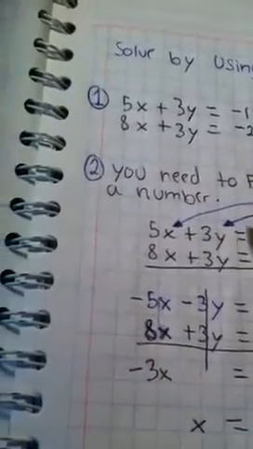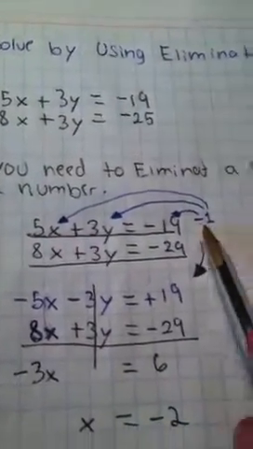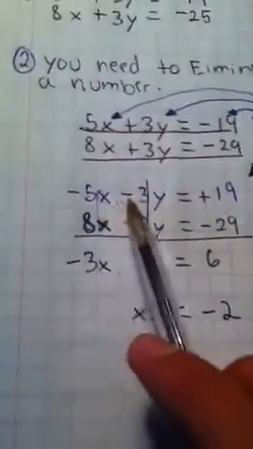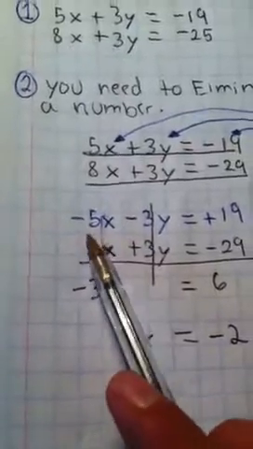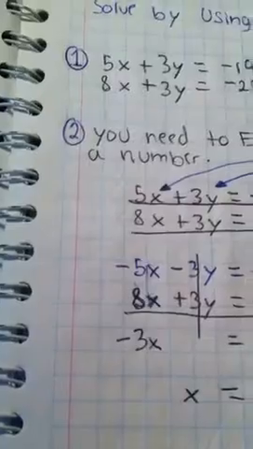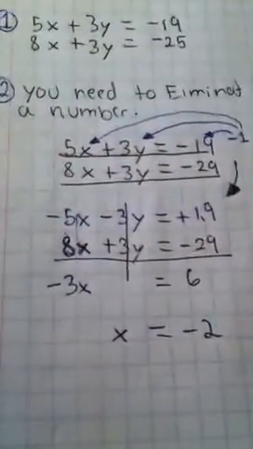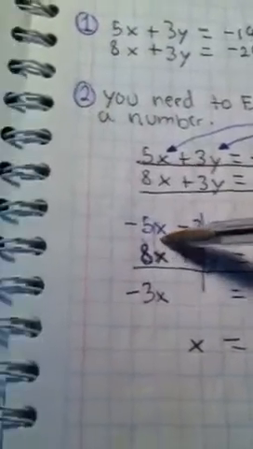You multiply all of this by -1, and when you multiply, you will have -6x, -3y equal to +19.